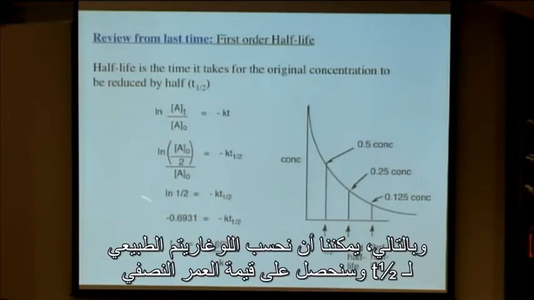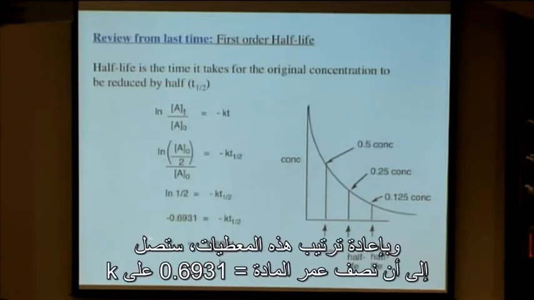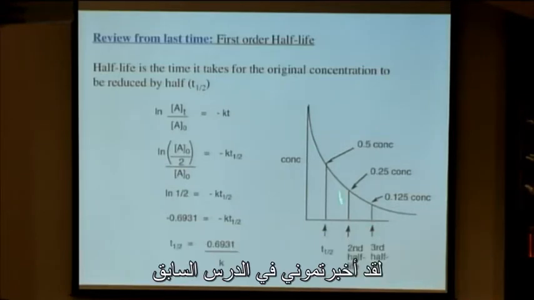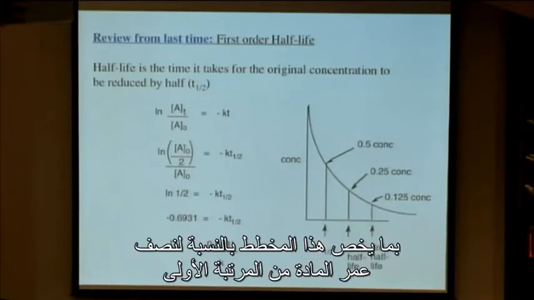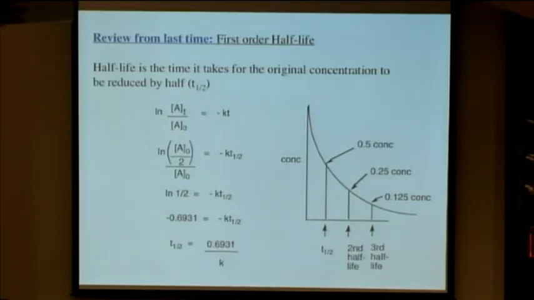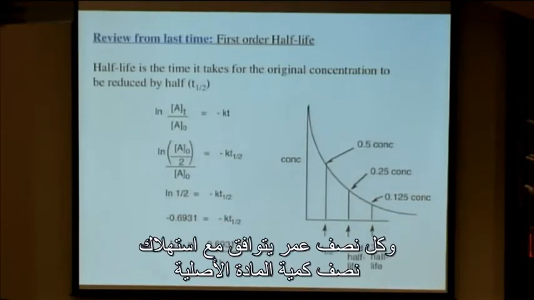Taking the natural log of 1/2 and rearranging, you get half-life equals 0.6931 over k. And you told me last time that for this plot of first-order half-life, each half-life, half of the original material goes away.